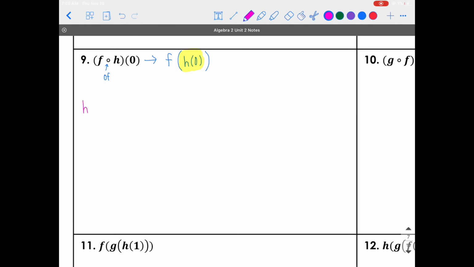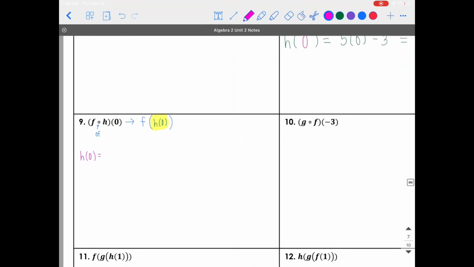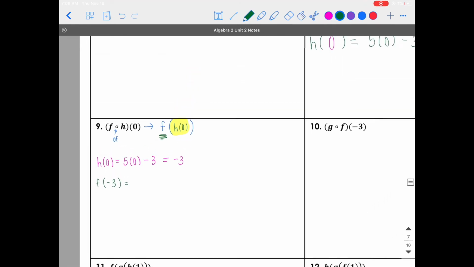So h of 0, which just so happens to be what we just did, which would be 5 times 0 minus 3. That's negative 3. And now I have to take that negative 3 and I'm going to use it in the f function.